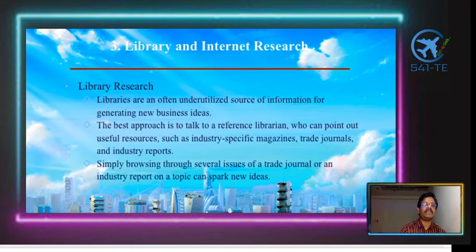Library research is an often underutilized source of information for generating new business ideas, because the literature and previously recorded documents are very helpful. The best approach is to talk to a reference librarian who can point out useful resources such as industry-specific magazines, trade journals, and industry reports.